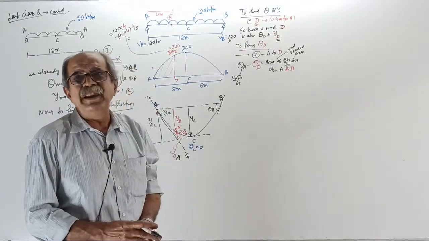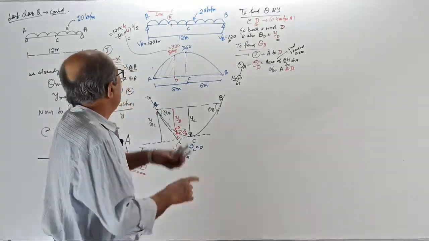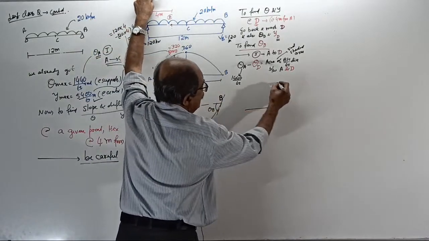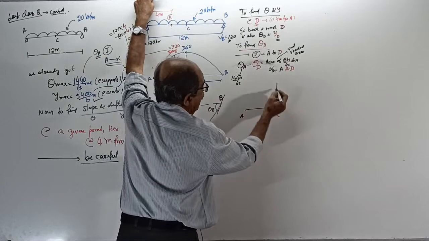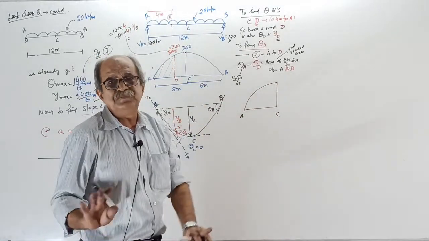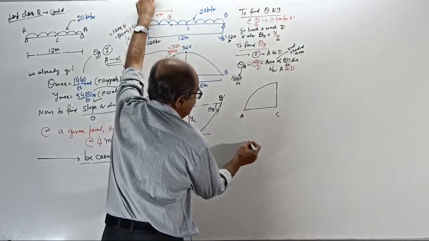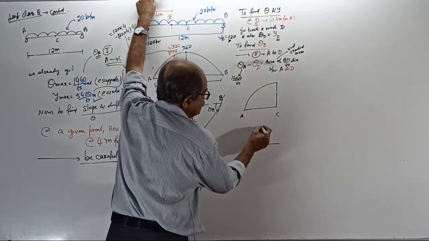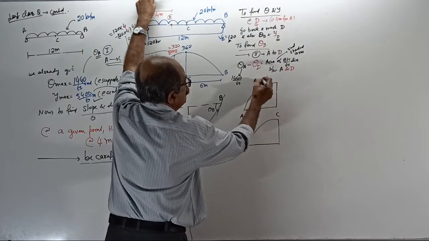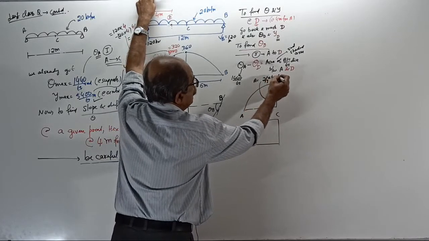What so many people make the mistake is, when you want this full A to C area, they will tell area equals 2/3 of base into height.